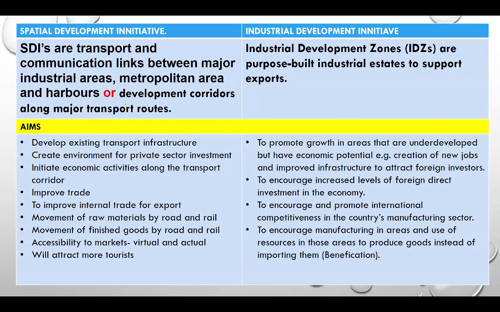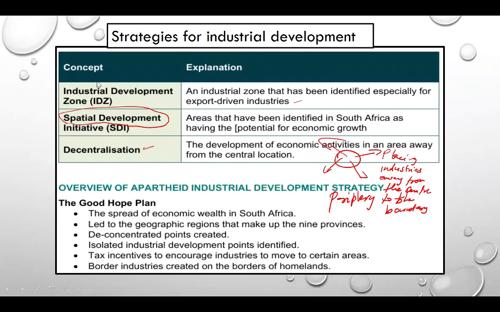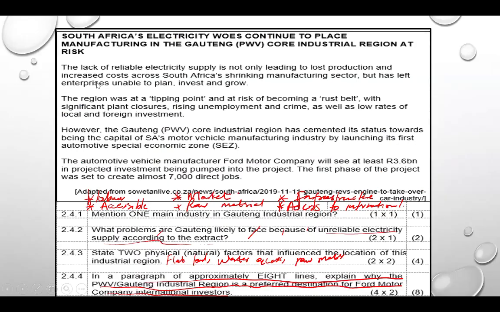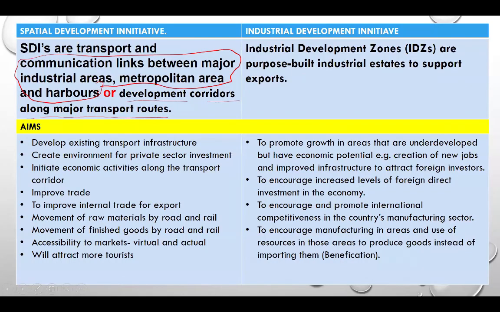You can also define it as a development corridor along major transport routes, or you can complicate it and say it is a transport and communication link between major industrial areas, metropolitans. It is very long when you use this one, and I advise you not to use it if you want it easier. Use your understanding of what it is doing.